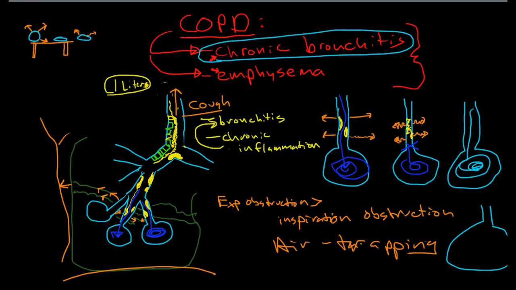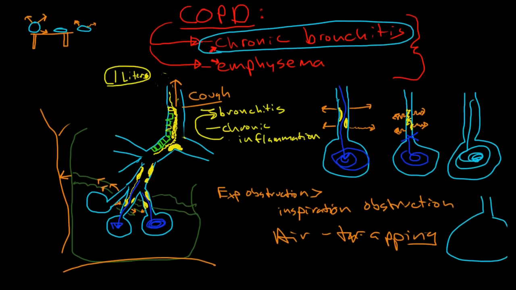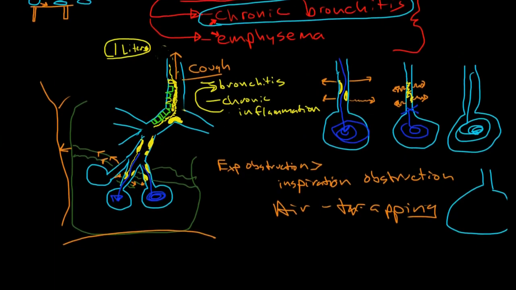So what is emphysema? Well, emphysema is actually damage to the collagen and elastin fibers between the airways. So it's kind of an interference with the structural integrity of the lungs. And if you imagine that you're losing elastin and collagen, you're interfering with this tethering effect.